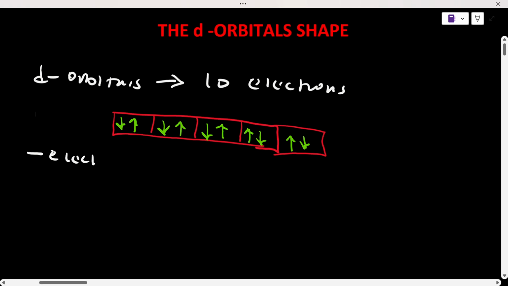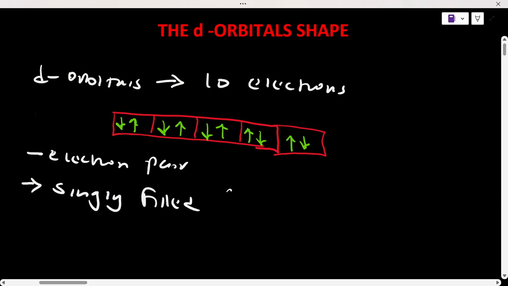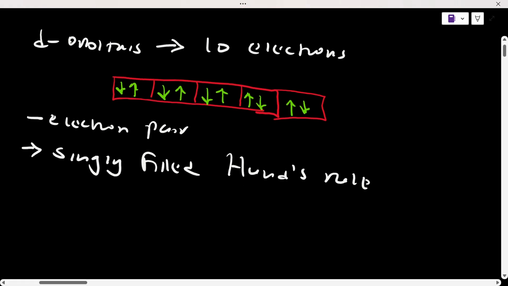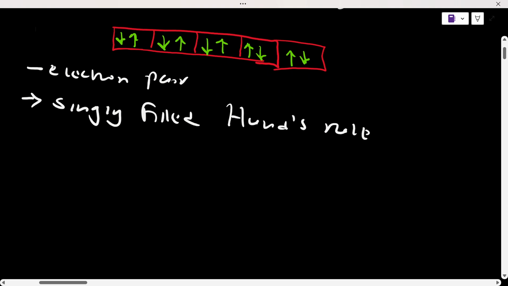The electrons pair, but before they pair, each orbital is singly filled based on Hund's rule. Now, the key thing that I'm going to talk about in this video are the shapes.